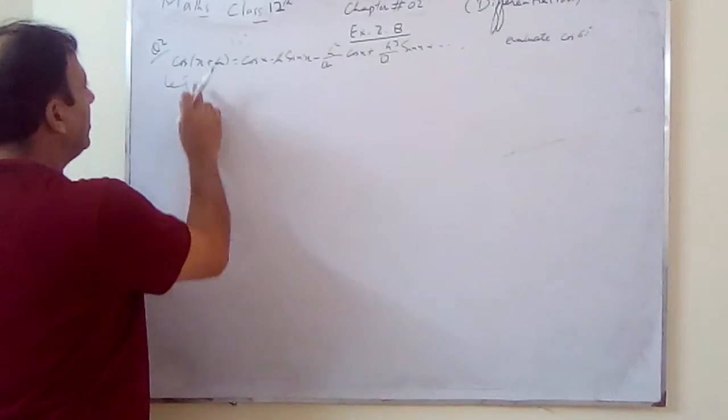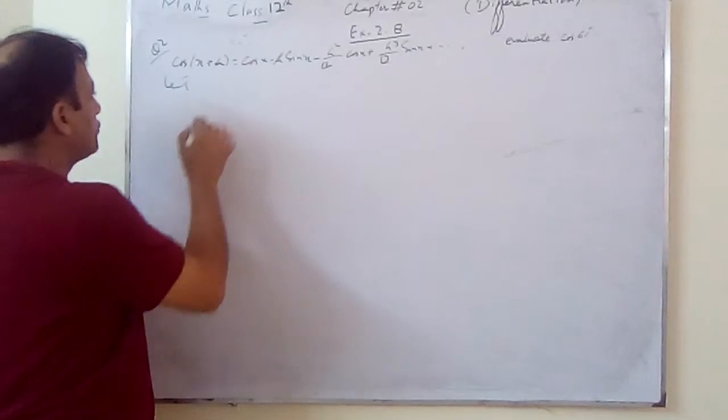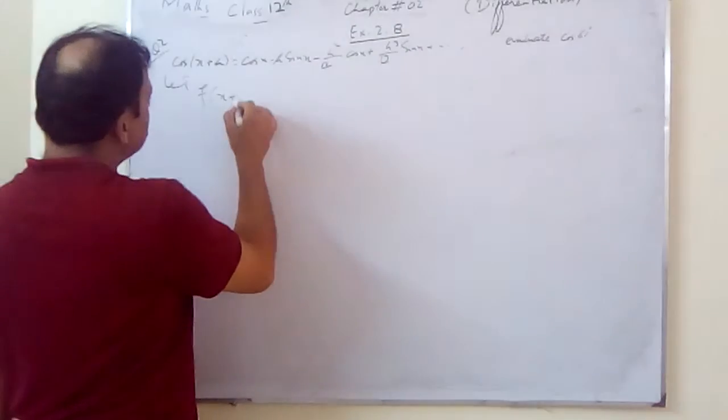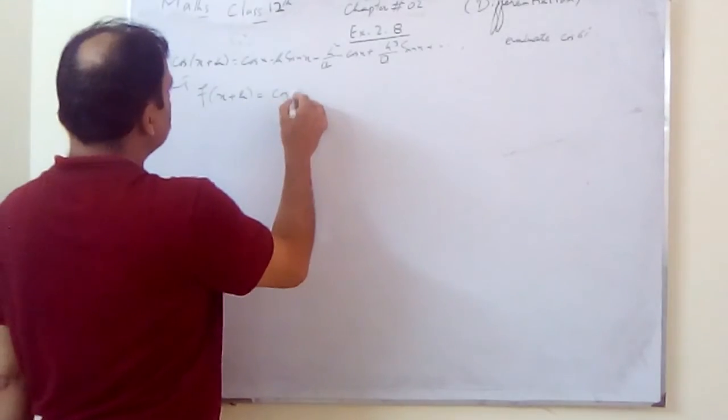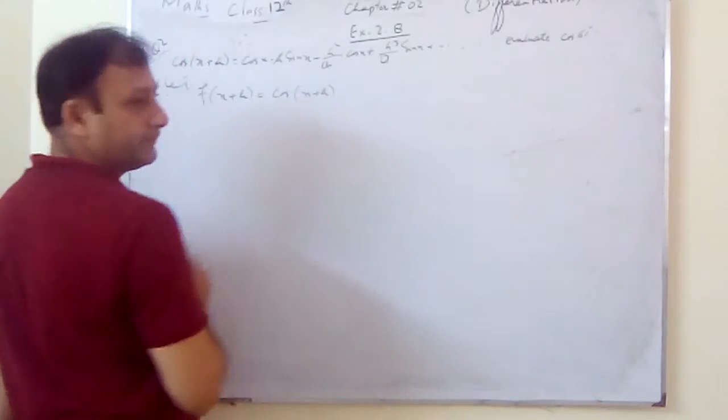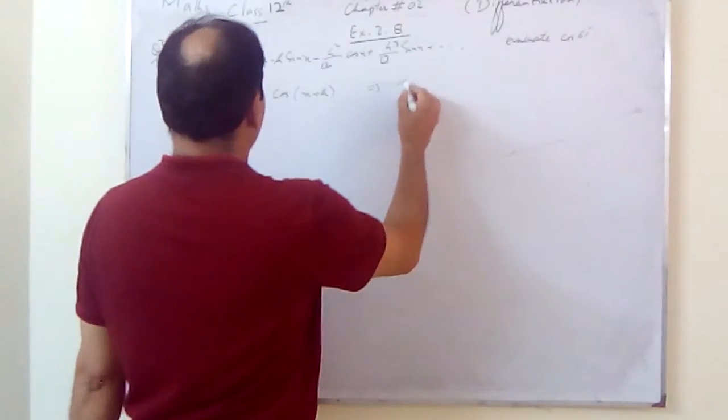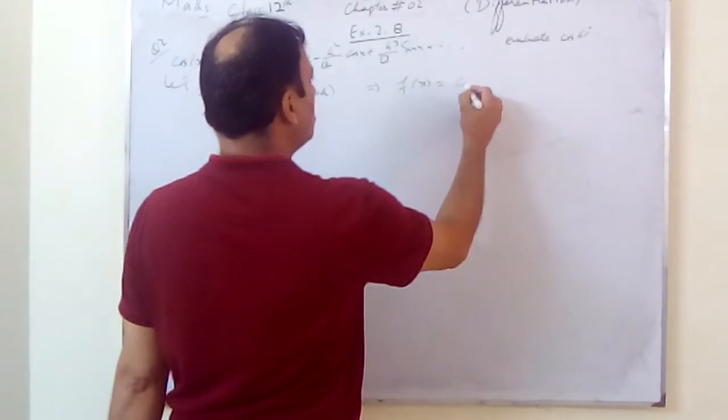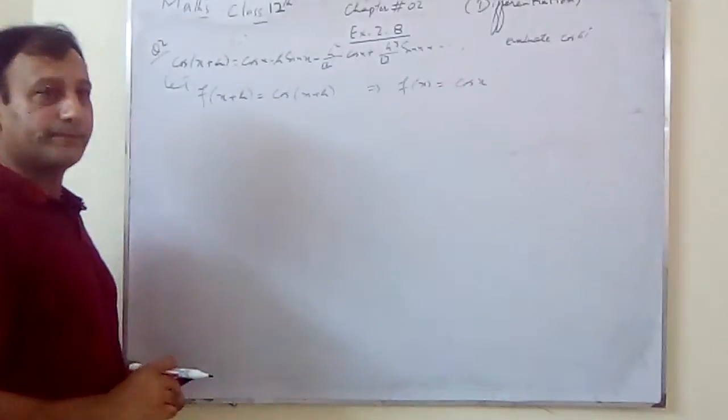Here cos of x plus h is there, so we suppose f of x plus h is equal to cos of x plus h, or f of x is equal to cos x.